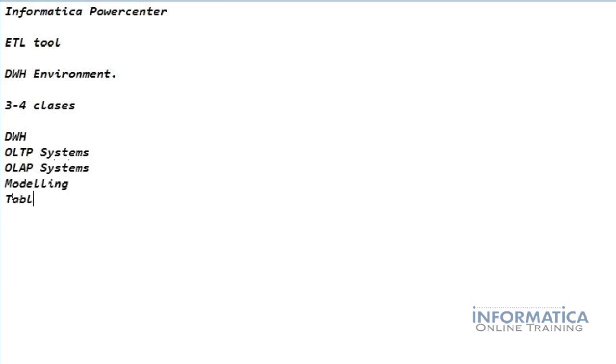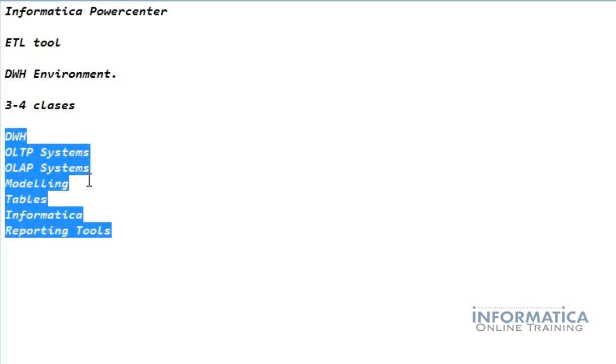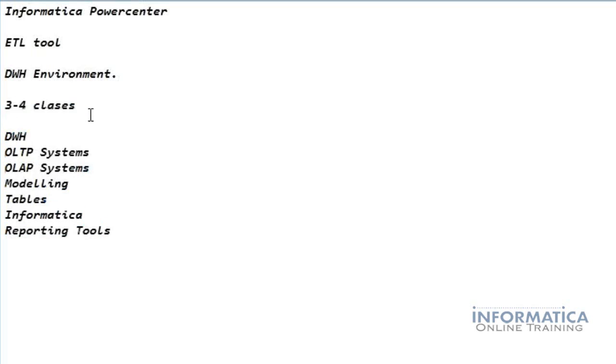What kind of tables are present, right? What is the role of Informatica and what is the role of ETL tools here? What is the role of reporting tools? So all these basic data warehousing concepts we are going to understand, right? In the first 3 to 4 classes.